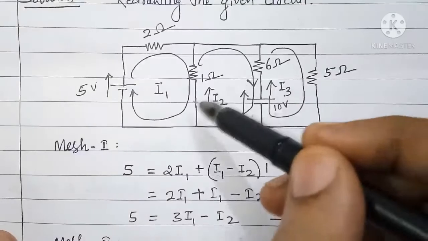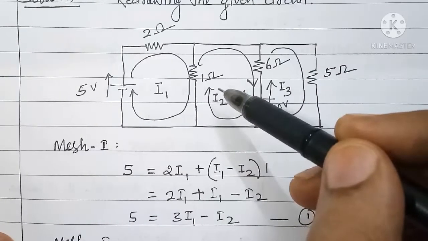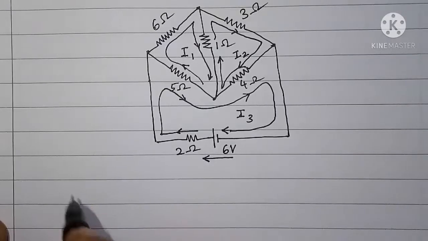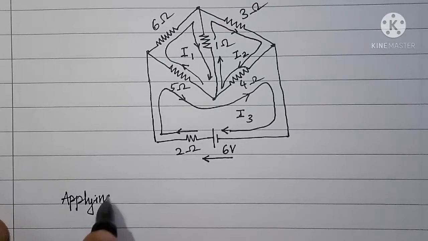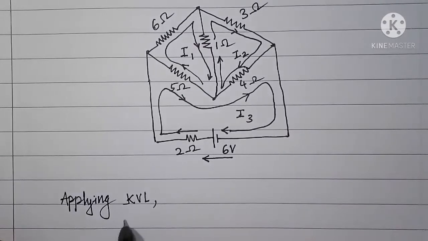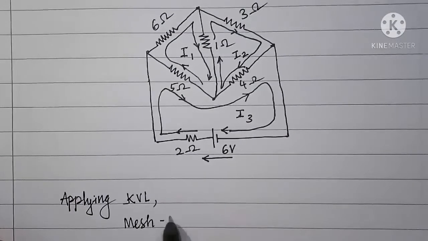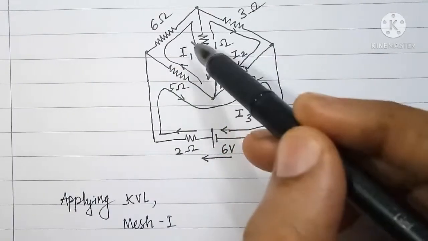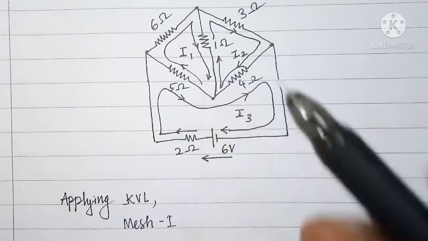So this principle we can now use in writing the equation for the first mesh by applying KVL in the given problem. Applying KVL to mesh 1, voltage rise in the first mesh is 0 because there are no voltage sources.